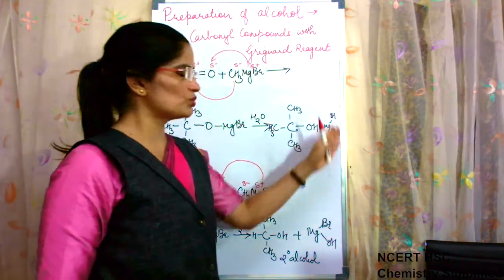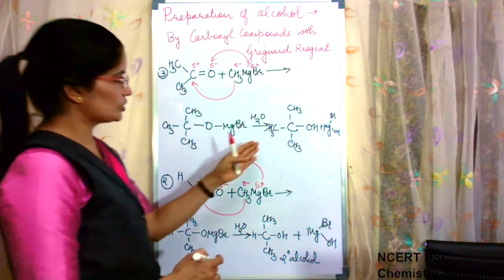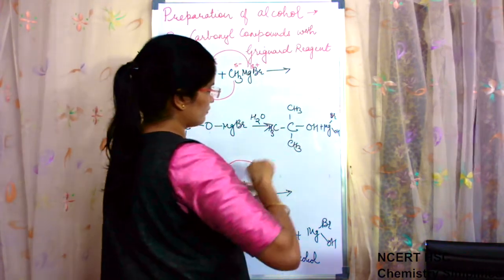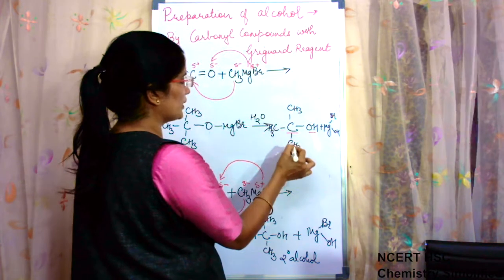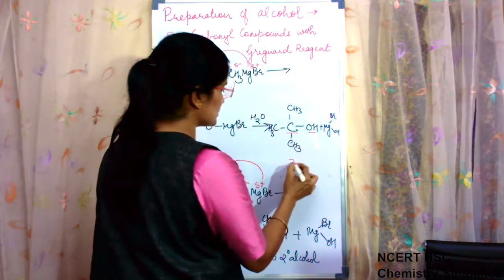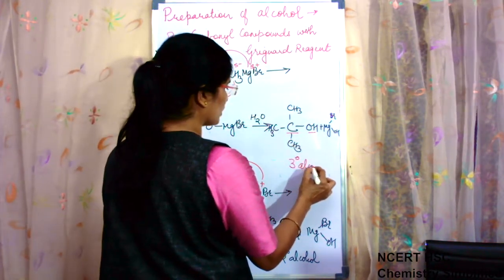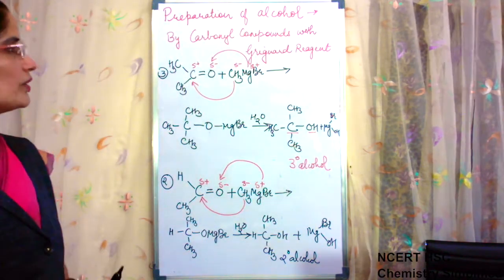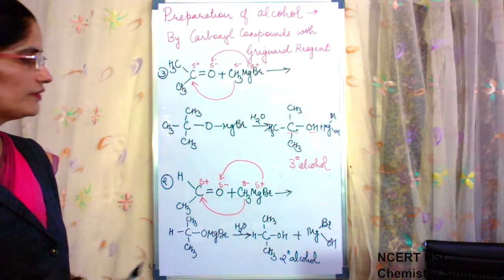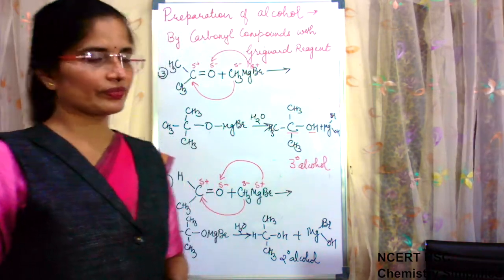Magnesium will make two bonds. The carbon which is bearing the functional group is attached to 1, 2 and 3 carbons. Hence this is a 3 degree alcohol. So ketones on treatment with Grignard reagent give 3 degree alcohol.